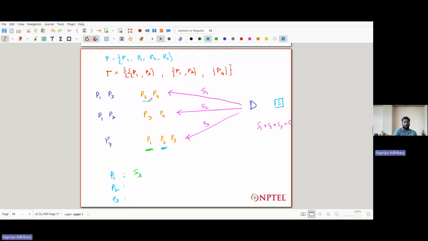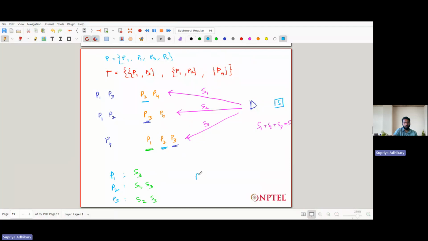P2 is in the first and third sets, so P2 gets S1 and S3. P3 is in the second and third, so P3 would get S2 and S3.